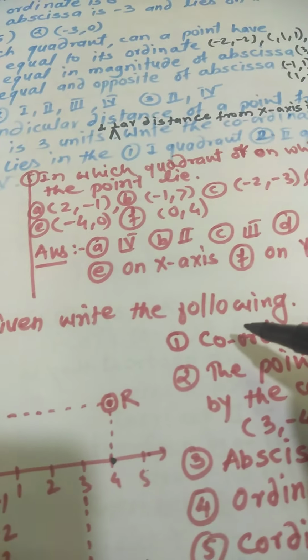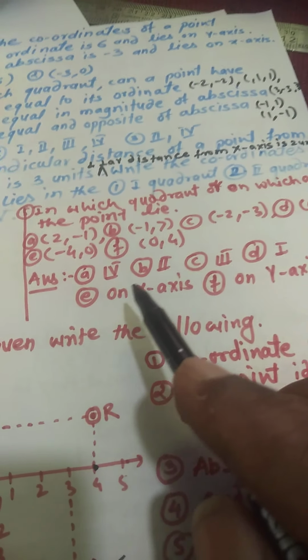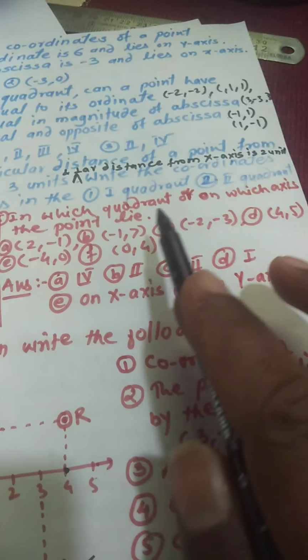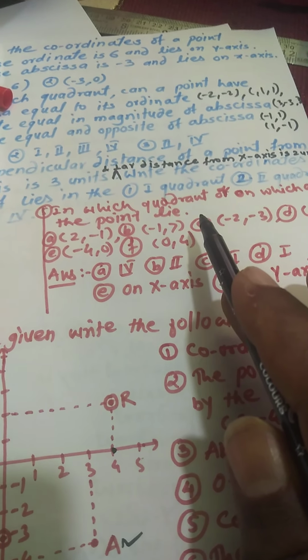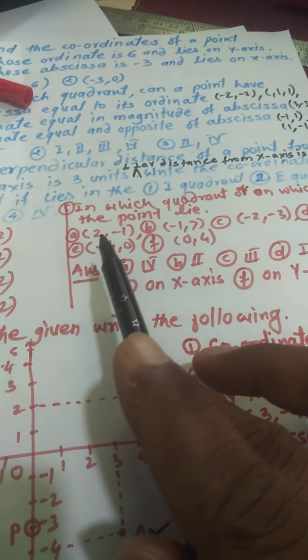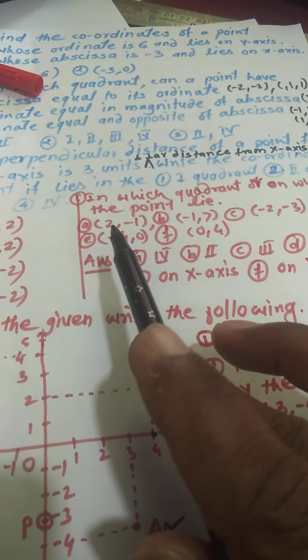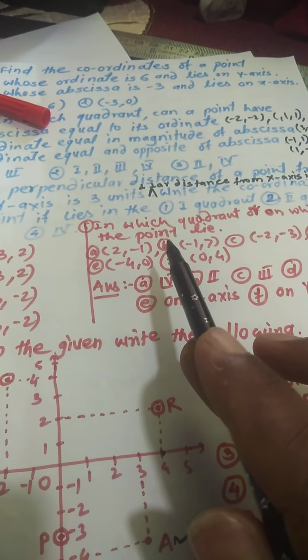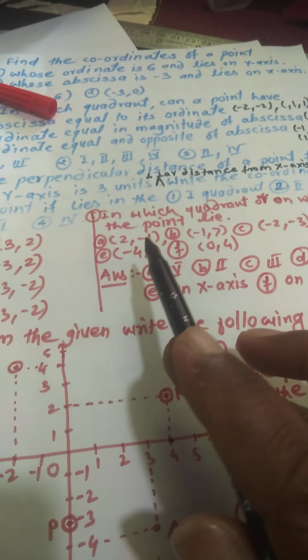And now fifth question. In which quadrant or on which axis does the point lie? So according to the sign convention of the coordinate axes, 2, -1. Positive, negative. Positive, negative means fourth quadrant.